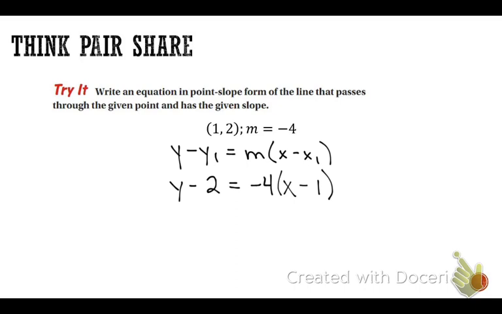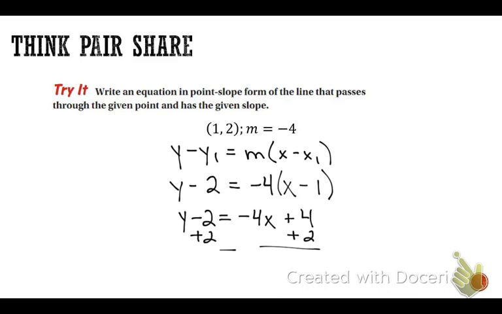So now what do I do, guys? Distribute. So leave the y minus 2, and then I have negative 4x. What's negative 4 times negative 1? Positive 4. Okay? Now I just have one more step to get it in slope-intercept form, and what is it? Add 2 to both sides.